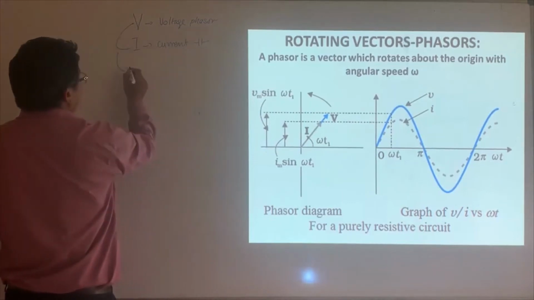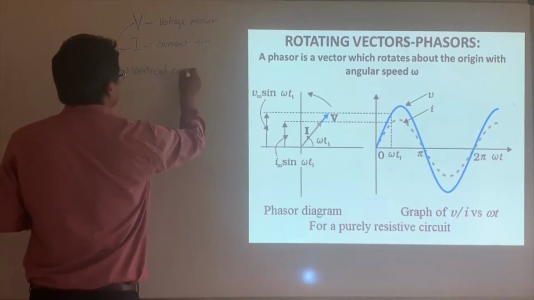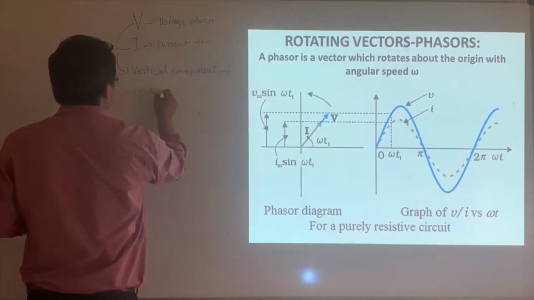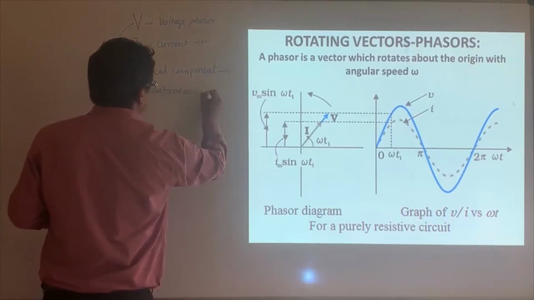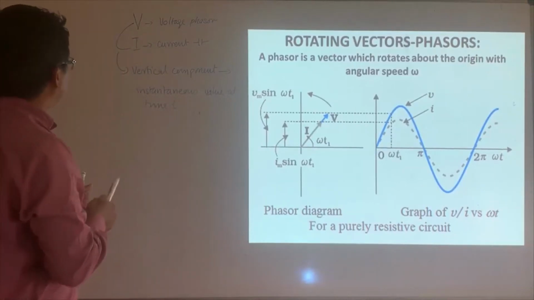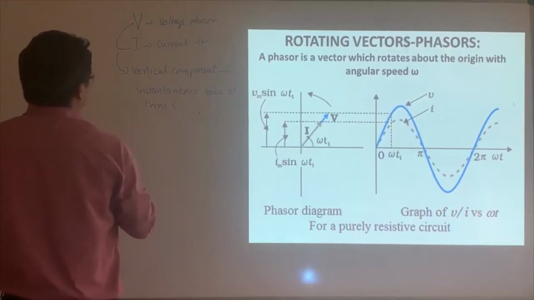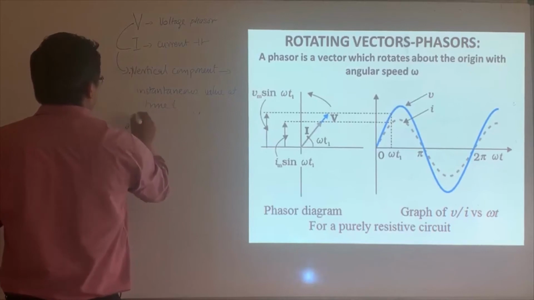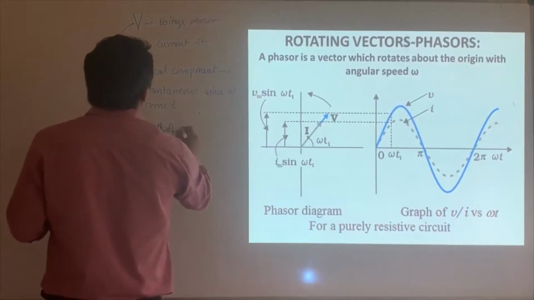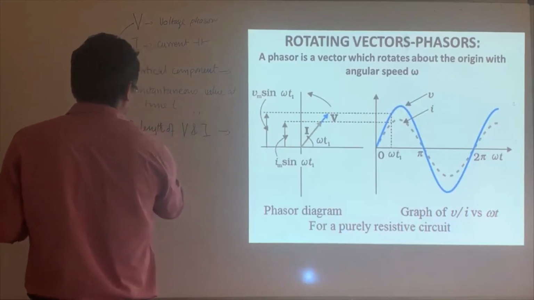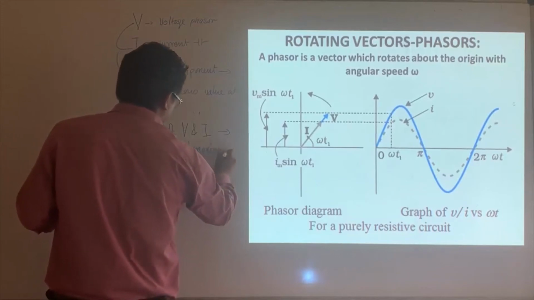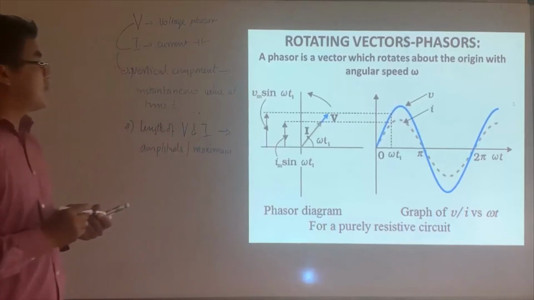The vertical component represents the instantaneous value at time t, and the length of vector V and vector I represents the amplitude, or maximum voltage or current. This is very important.